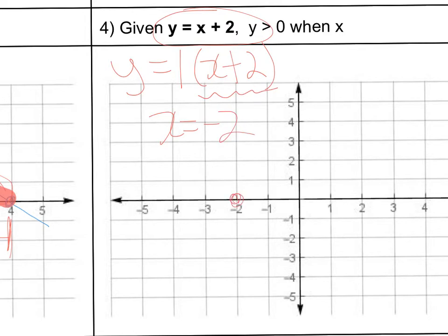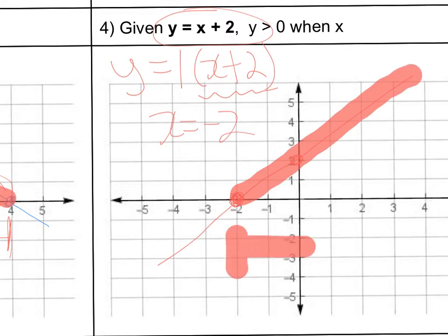So if I go here, that means there's an x-intercept here, there's a y-intercept at 2, and I can just draw the line through. Okay, there's my straight line with an x-intercept of negative 2 and a y-intercept of 2. Then I want to make sure that y is greater than 0, so I'm going to highlight the part that's greater than 0. When does that occur?